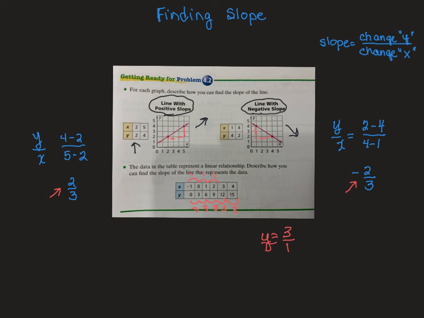So the slope is equal to 3. Now, if I was going to write an equation, the typical form is y equals mx plus b, where m is the slope and b is the y-intercept.